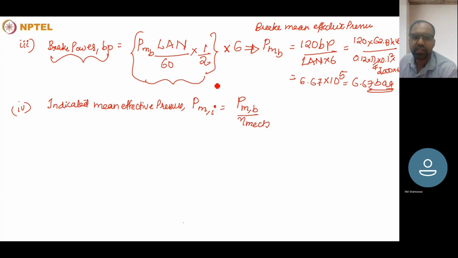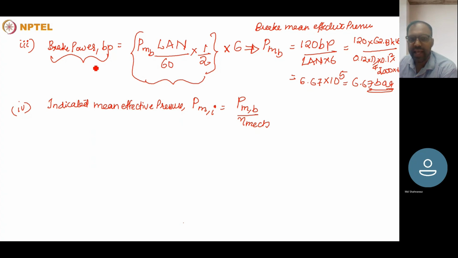The right hand side remains the same, this quantity L N by 60 into 1 by 2 remains the same for both the brake power, brake mean effective pressure relation, as well as the indicated power, indicated mean effective pressure relation.